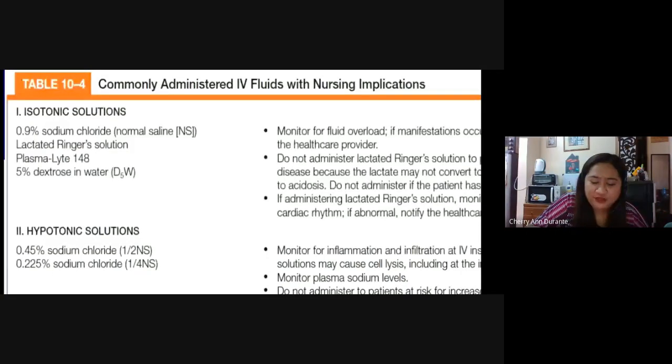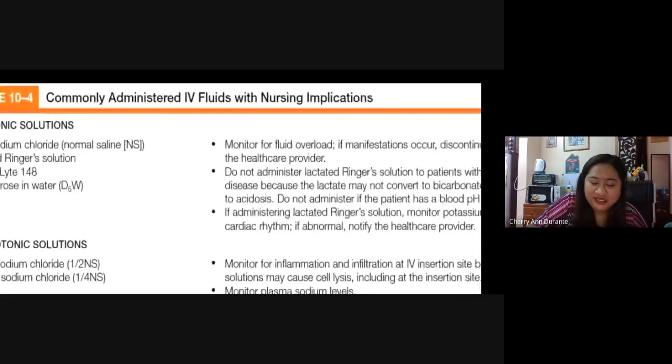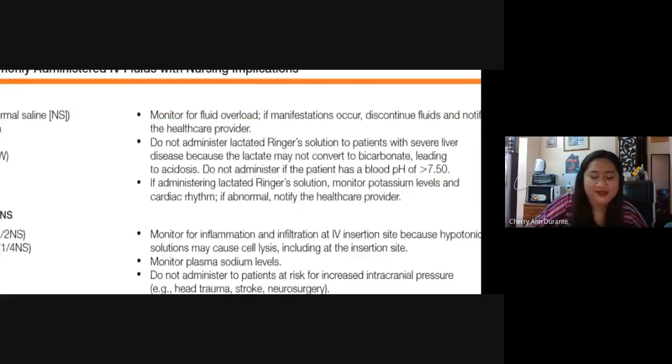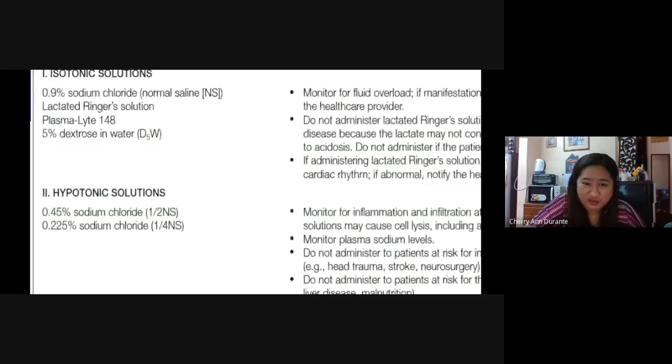Do not administer LRS to patients with severe liver disease because of the liver's inability to convert your bicarbs. So if administering LRS solution, monitor for potassium levels and cardiac rhythm. If abnormal, notify healthcare provider. Kasi yung lactated ringer solution, may kasama siyang potassium.